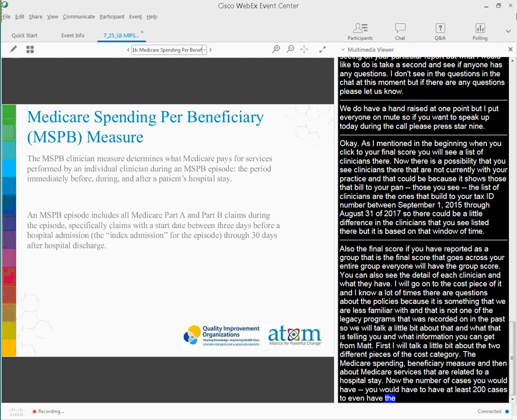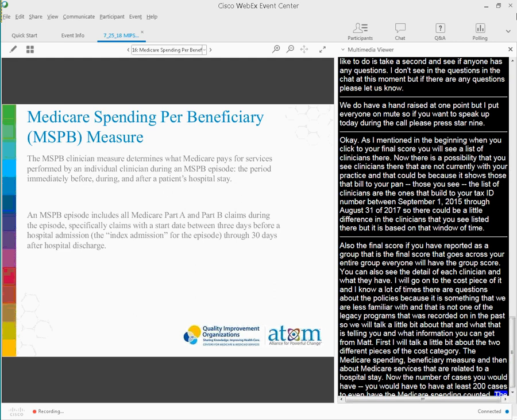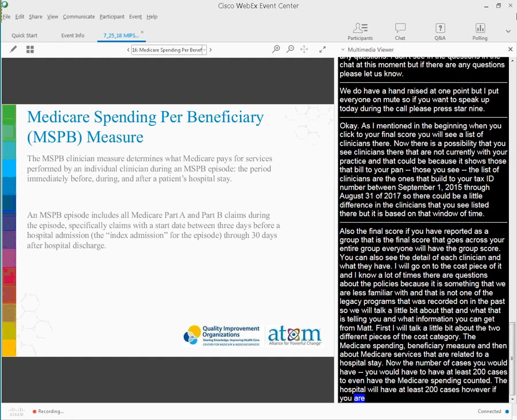The hospitalist is going to probably have at least 200 cases. However, if you're a primary care practice, especially a solo provider, it's not likely that you will. So that isn't a piece that you would be concerned with.